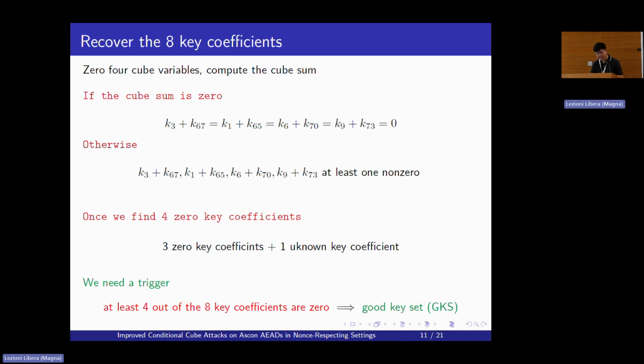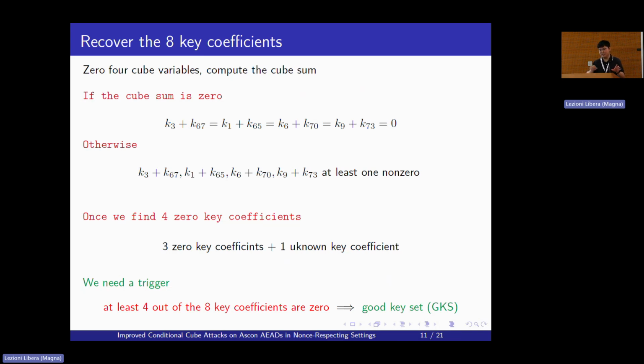So the whole process is like this. Firstly, we zero 4 cube variables, and then we compute the cube sum. If the cube sum is 0, then we know that the 4 corresponding k coefficients are 0. Otherwise, at least one of them is non-zero. For the 8 k coefficients, once we find 4 zero k coefficients, we can recover all the 8 k coefficients, because we can combine the 3 zeros with the unknown one and then do the cube tester.